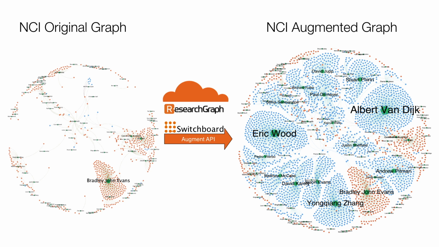And what the Augment API has done, it used the augmentation plus the shortest path algorithm to actually connect these nodes in an effective way using all other scholarly works. So what did we actually learn from the research graph case studies and early adopter stories?